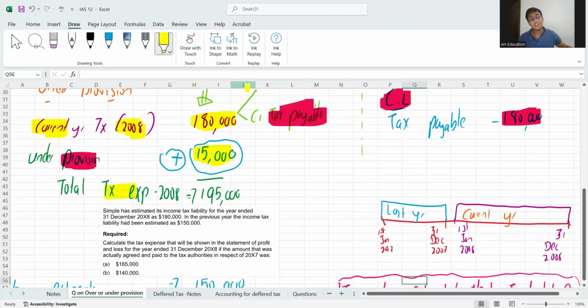So your total tax expense for your year ended on 31st December 2008 in profit or loss would be 195,000. This is your tax expense that you all need to show, sorry, not in your balance sheet, in your profit or loss. You need to show an expense of income tax for your current year of 195,000.